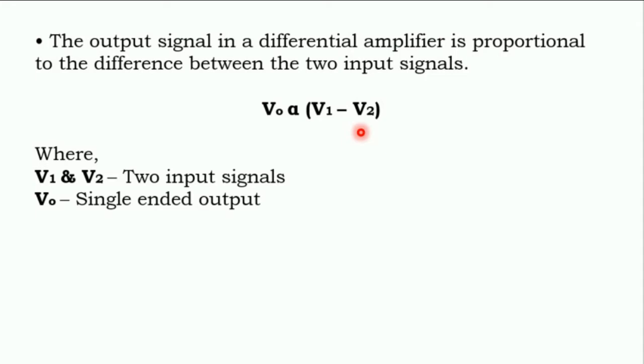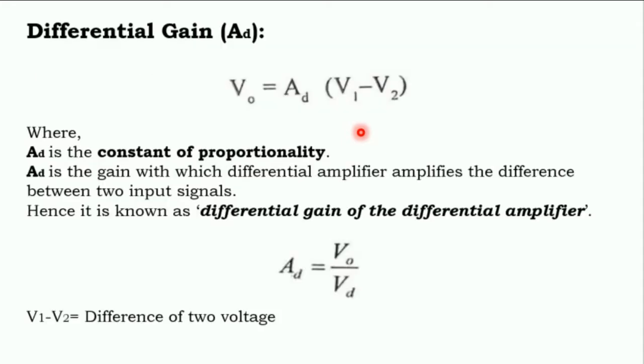There are two types of gain: one is differential gain and the second is common mode gain. Differential gain is denoted as VO equals AD into V1 minus V2.